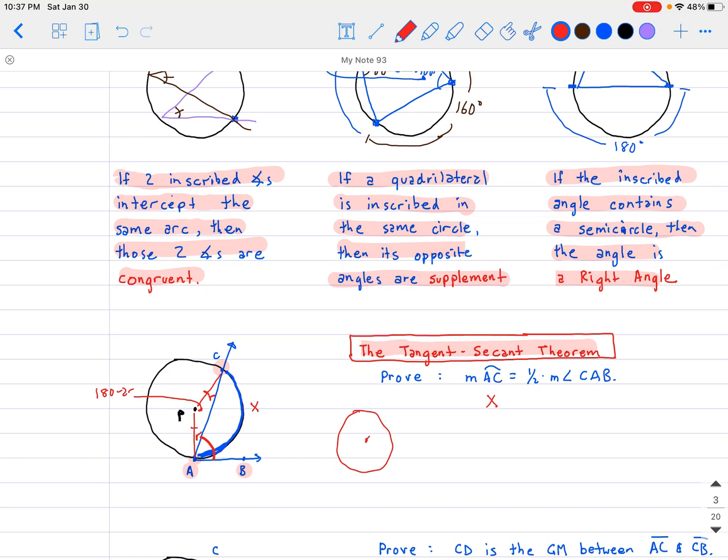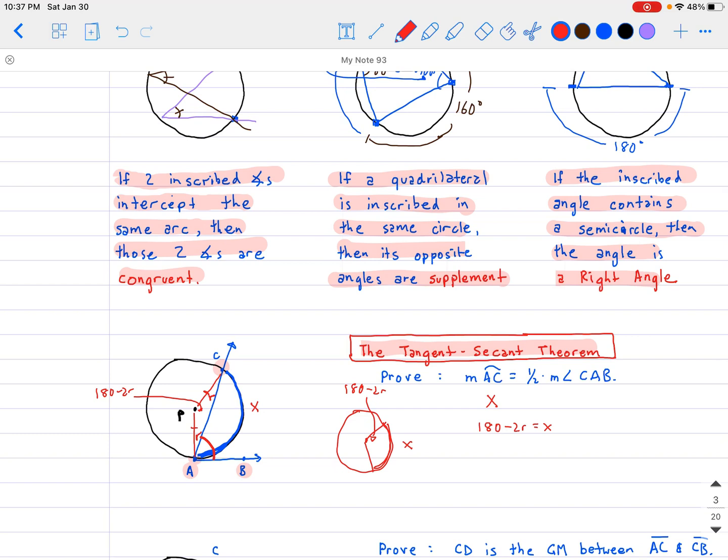Here, this part is going to be 180 degrees minus 2R, and here, this part is X. Well, that 180 minus 2R is the central angle to the arc of X, so those two should be equal to each other. So 180 minus 2R is equal to X, because one is the central angle and the other is the corresponding arc. They are congruent to each other.